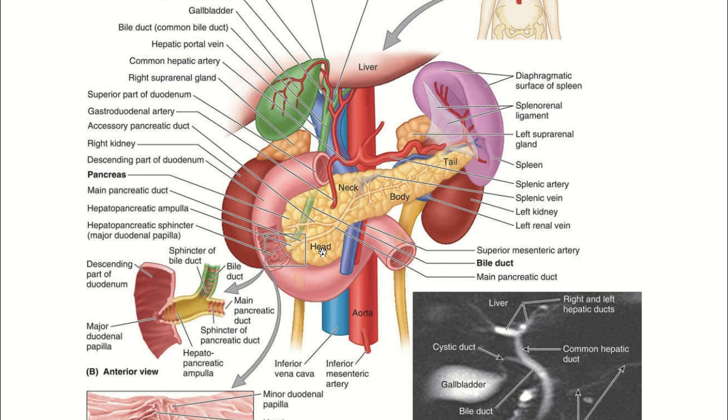You understand? So the pancreas is an exocrine and endocrine gland which is very important in digestion in the GIT and also very important in glucose metabolism and some other mechanisms as well.